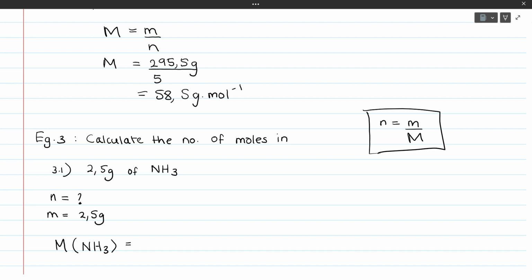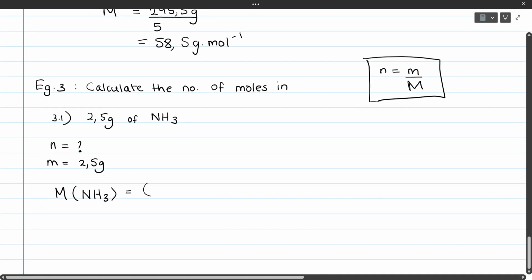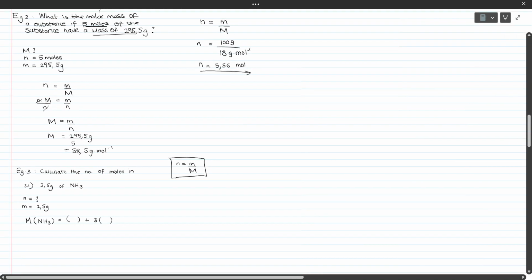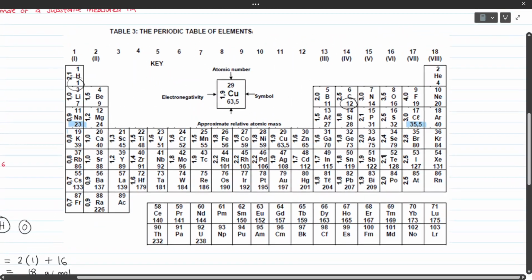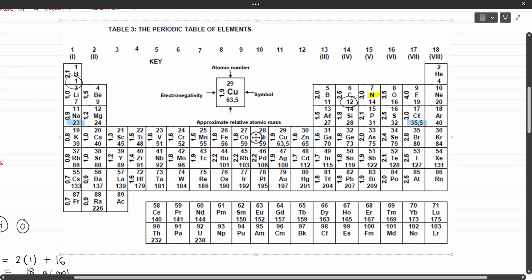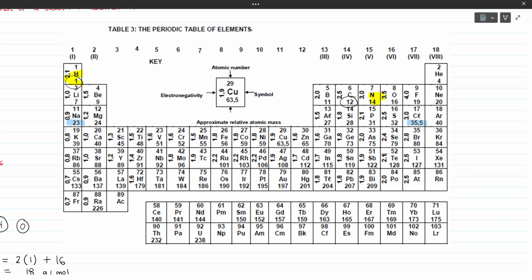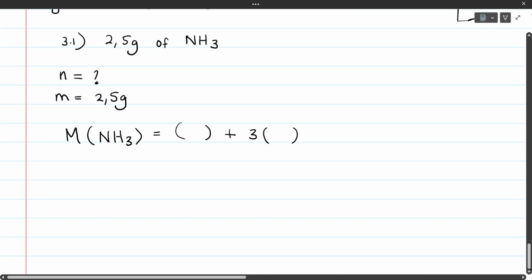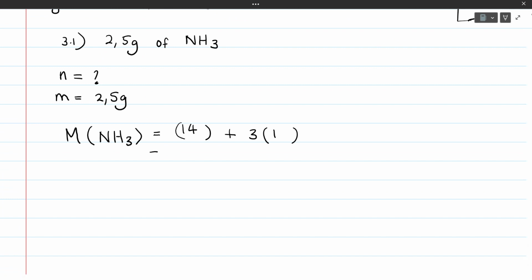We need to find the relative atomic mass of nitrogen, and then 3 hydrogen atoms. Nitrogen has a relative atomic mass of 14, and hydrogen has a relative atomic mass of 1. So we have 14 and 1. Okay, and if we calculate that, that is simply 17 grams per mole.